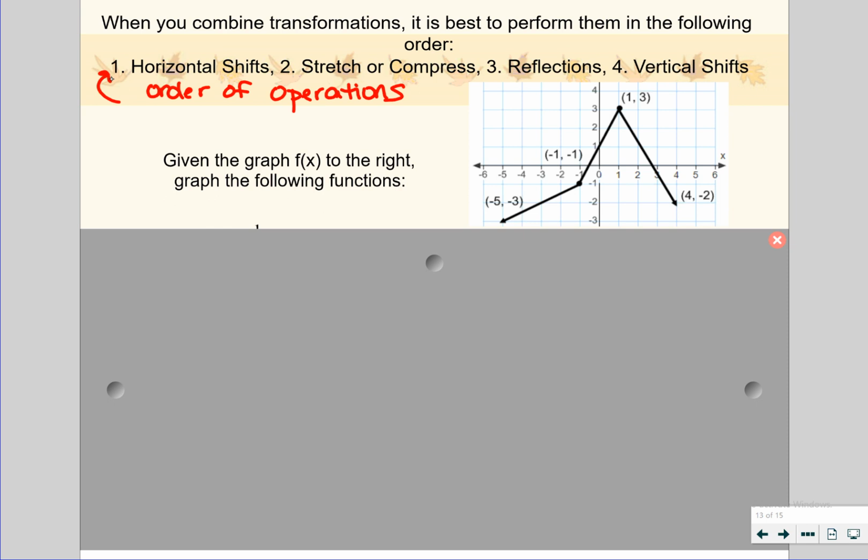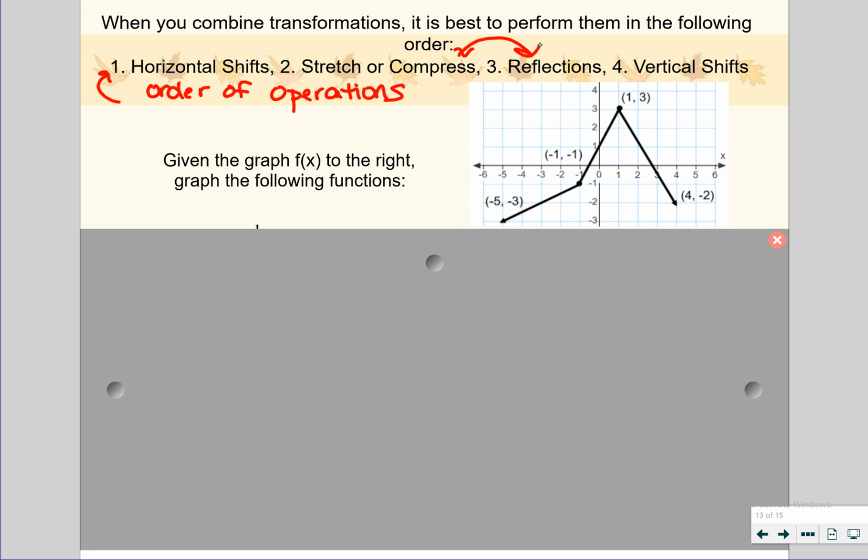The thing that's closest to my x value is the left-right shift, so that's what happens first. Then any stretches or compresses, things that are multiplied, and actually those and the reflections really do occur at the same time. We write them separately, but they can occur at the same time. And then the last thing that happens to our x value after we plug it in is we add or subtract that number at the end, which shifts it up or down. So you can kind of see the progression if you were to look at our chart to see how close something is to our x. That's where this is coming from.